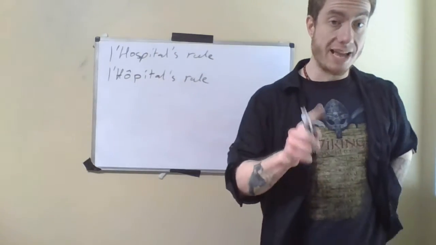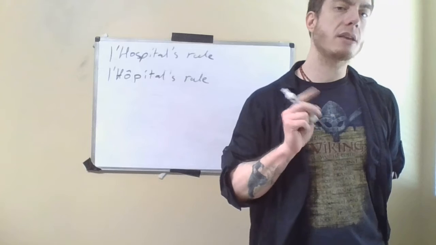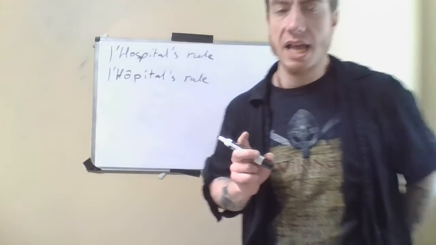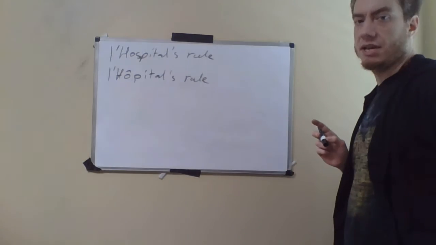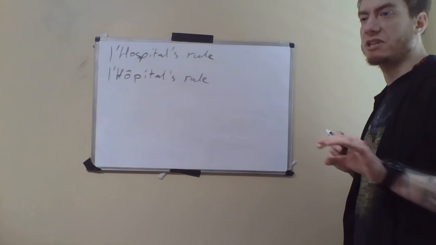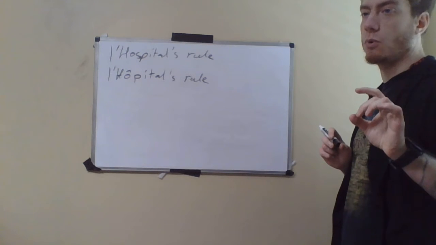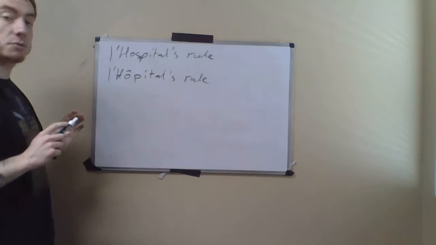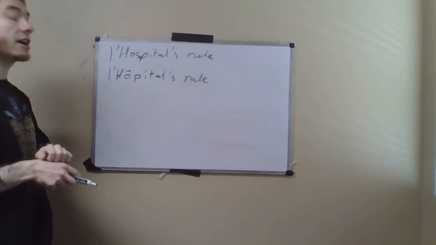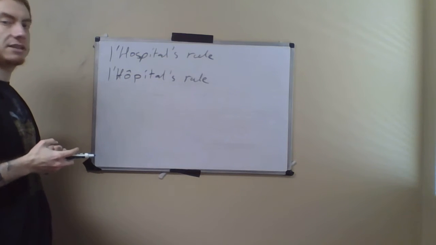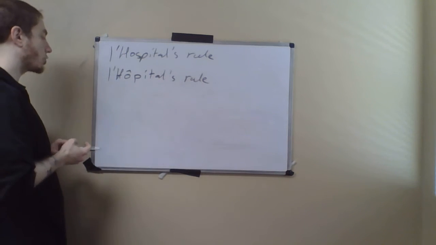Now, I'm going to return to that in a moment because there's something that people, I think, sometimes overlook when talking about L'Hopital's rule, and it is really important that we be careful about when it is permissible to use L'Hopital's rule and when it is not. L'Hopital's rule is essentially applicable to any situation in which what we have is a limit in indeterminate form.